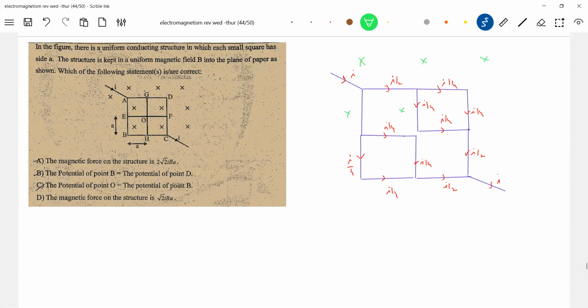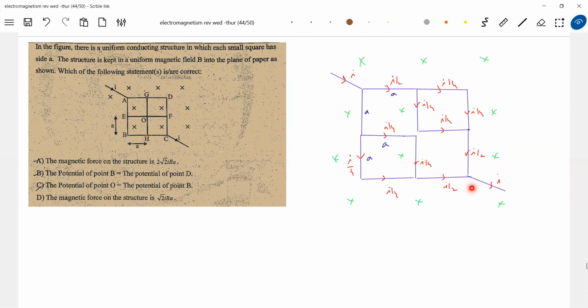Such current-carrying structures are asking for the force, so you have to be careful. Now they may pull you into some resistive networks, each side of length a. I think we should go for the effective length. The current starts from here; find the force on the structure.